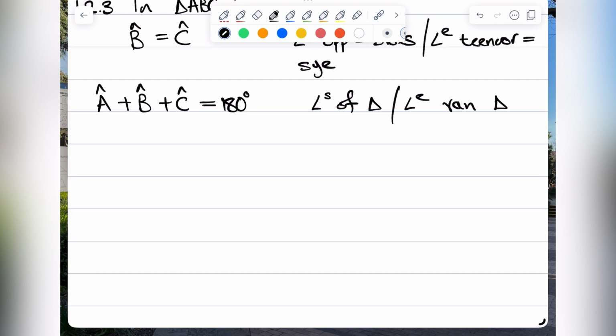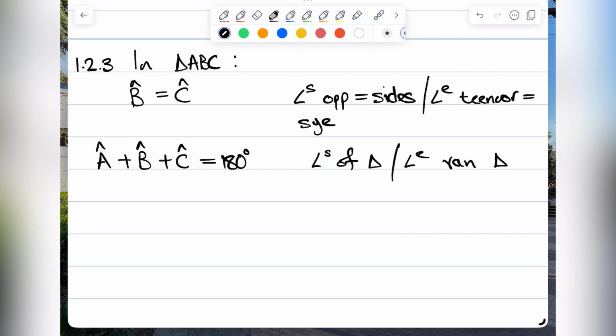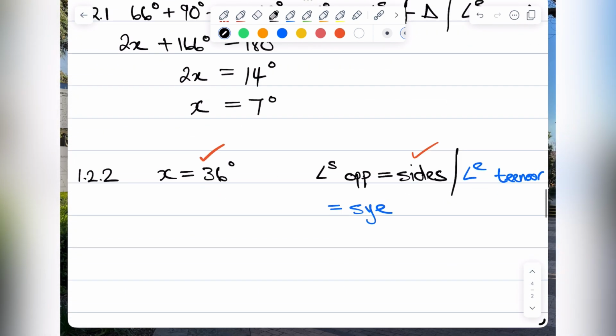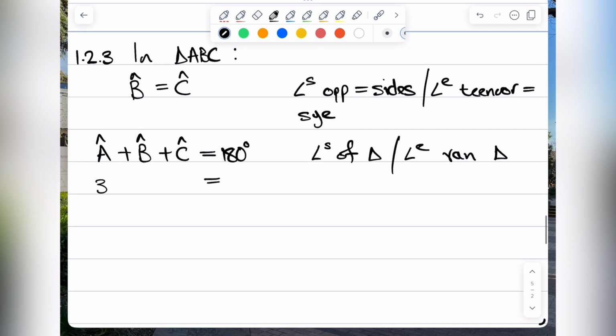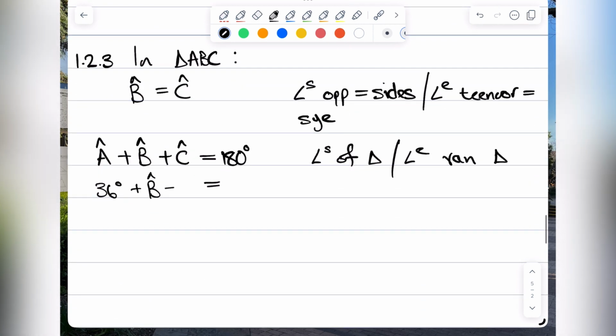Now I can use substitution to continue to solve for the answer. So angle A, of course, is 36 degrees. And I don't know what angle B is, and I know that angle C is x, and that is all equal to 180 degrees.